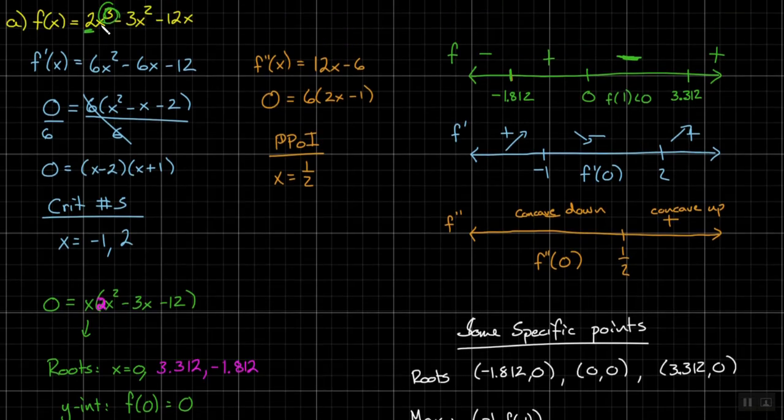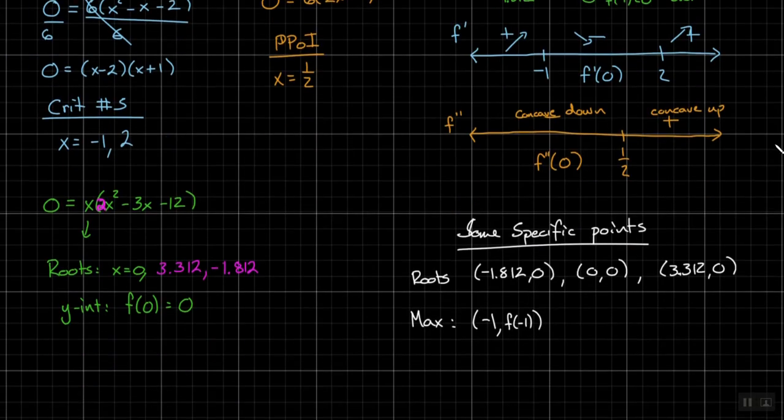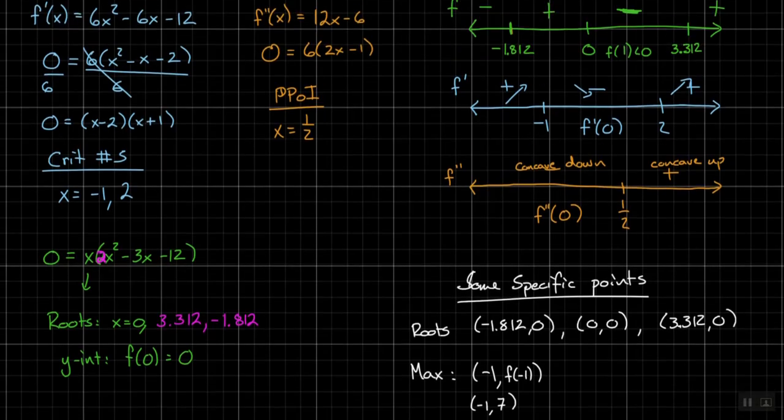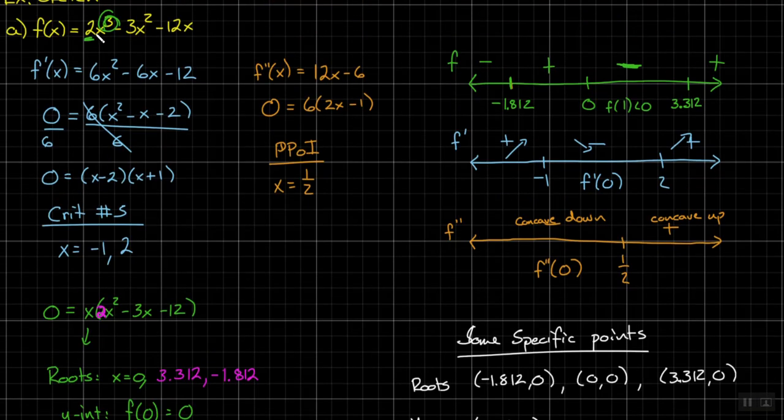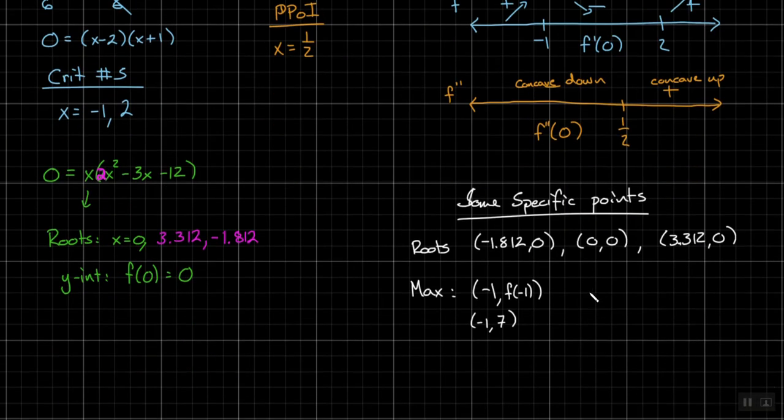So that's -2 minus 3 is -5 plus 12. I think that's 7. F of -1 should be 7. I'm pretty sure that's true. Here's f. -2 minus 3 is -5 plus 12. Yep, it's 7.